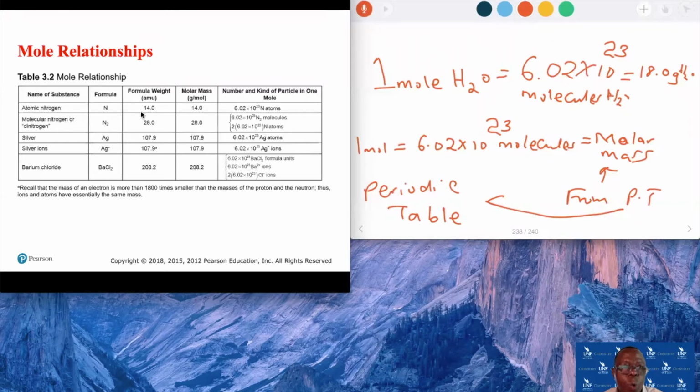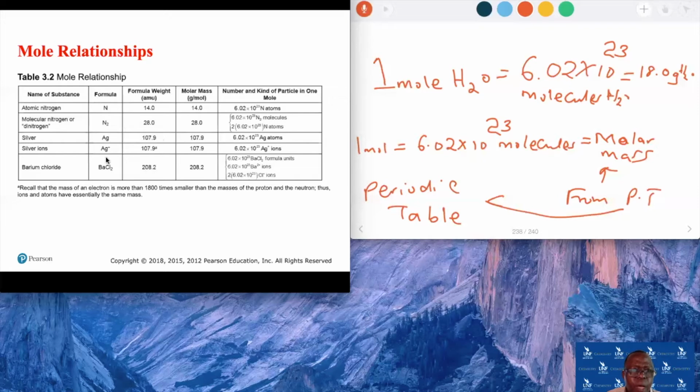That means 1 mole of nitrogen atoms. Instead of saying 1 mole, I can say Avogadro number of what? Nitrogen atoms. So when you see these numbers looking exactly the same, and you're wondering what's the difference, you count only 1 here, but here you have Avogadro number of those things. That's the difference.